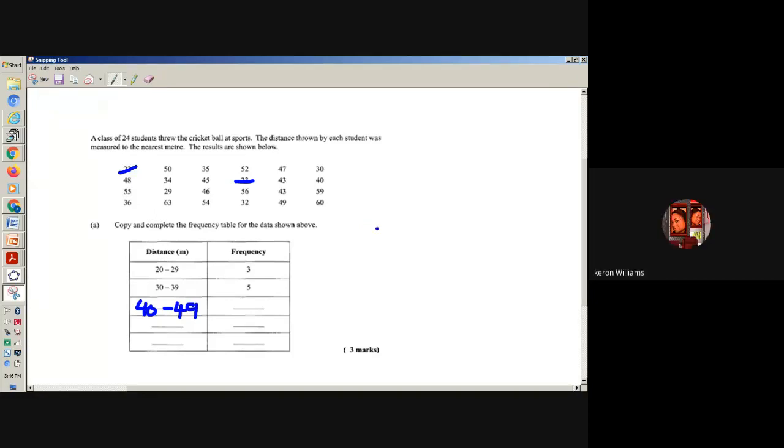All right, so we have 23. Hold on there. Okay, so we have 22, and we have 23, and we have 29. And there are no more numbers. So 3, you put 3 right there. So 3 students threw the ball between 20 and 29, and then you use the table now and you found that 5 students threw the ball between 30 and 39.